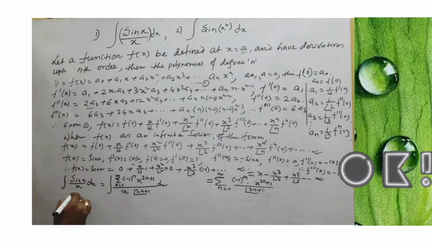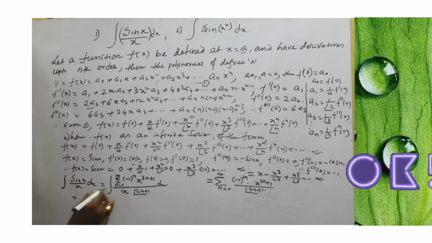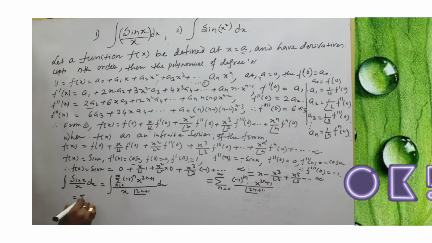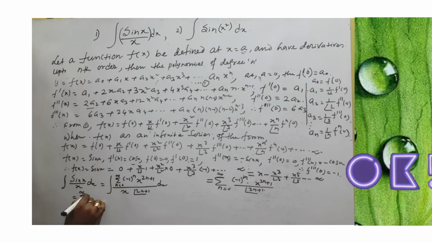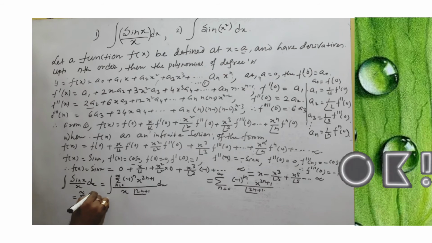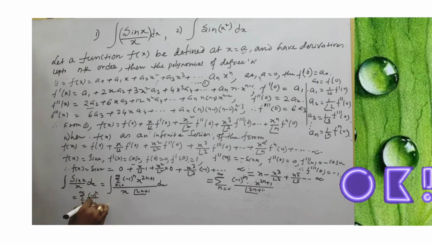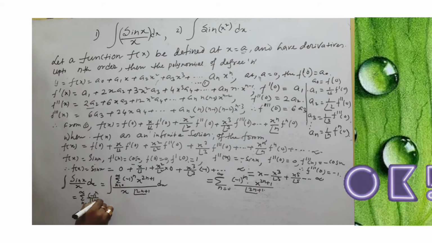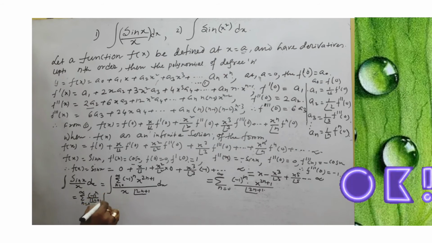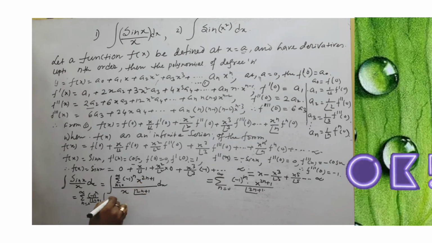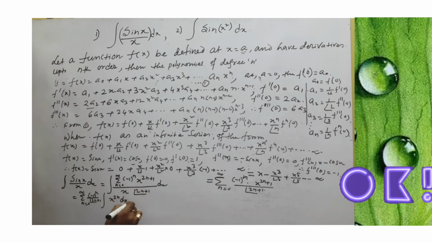See, the summation of this series we can write from n equal to 0 to infinity of minus 1 whole to the power n, divided by factorial 2n plus 1, and the integral of x divided by x, then we get x to the power 2n and dx.